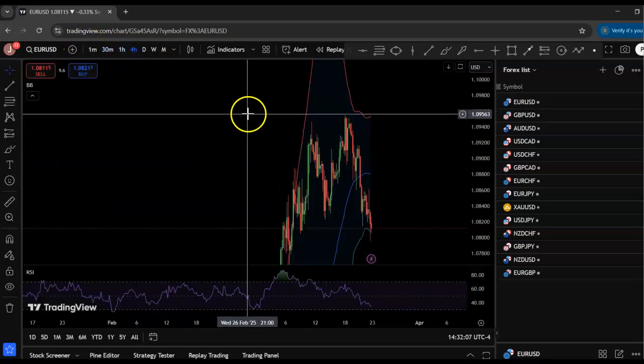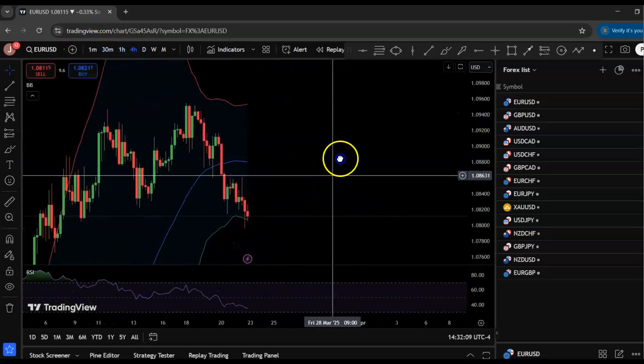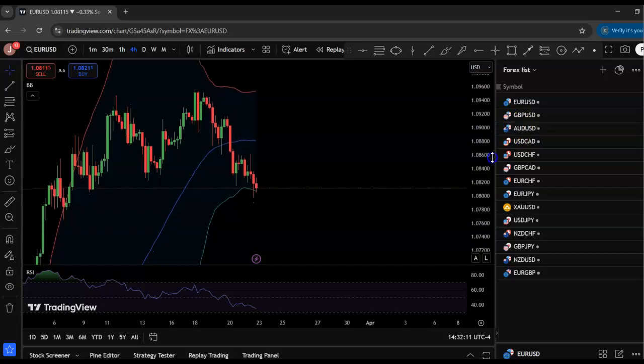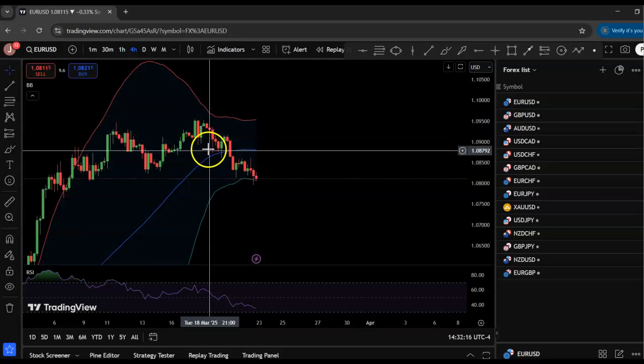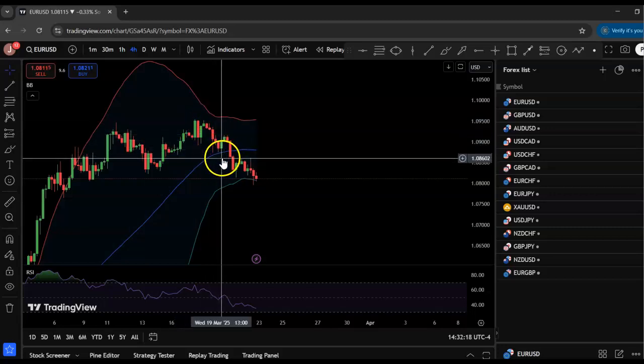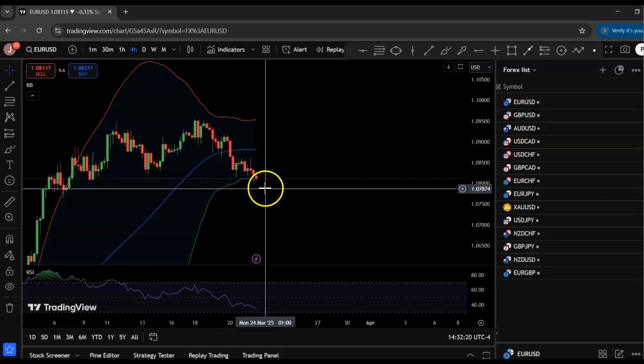What I do normally is I read price action right here. For example, the 4 hour went down here, then it went up, down here, down, and then it went up.